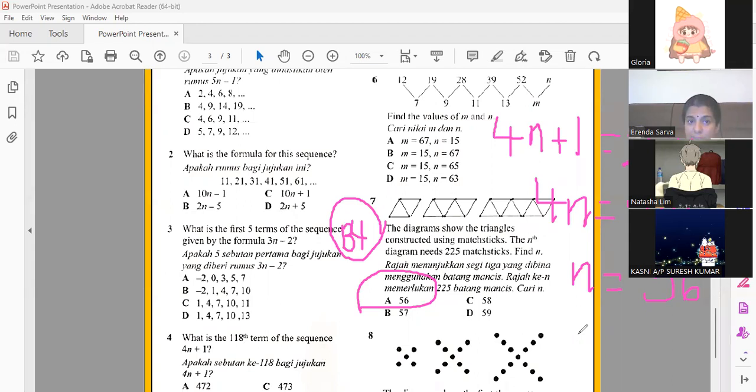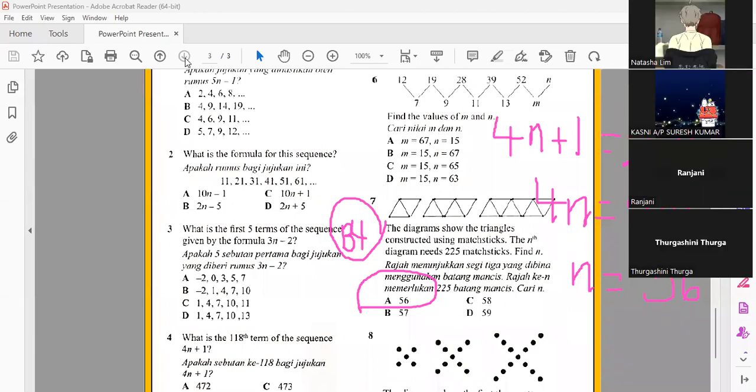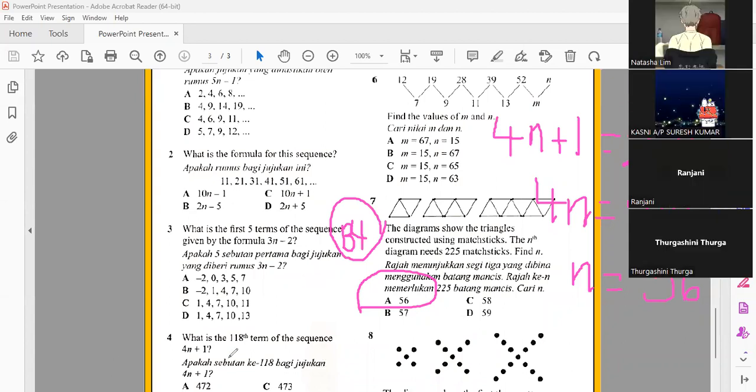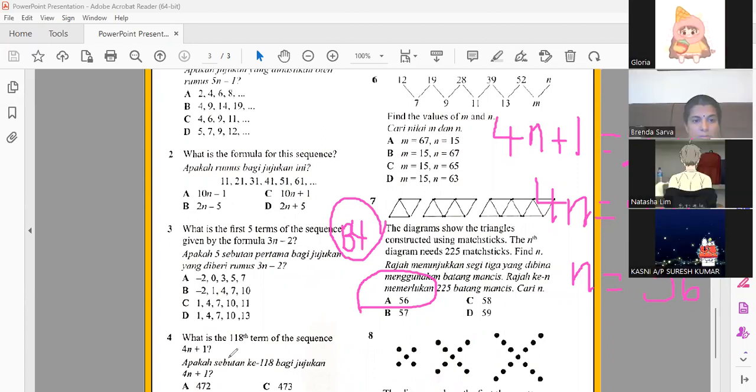If you need a re-explanation, tell me in the chat. Don't worry, I can re-explain. If you give me a thumbs up, that means you can go on. Kashni, okay? Natasha, okay. Durgashini, okay. Ranjini, okay or not? Gloria, okay. She's been chatting all the time. Okay? All right. Now, Kashni, do you need me to explain again?